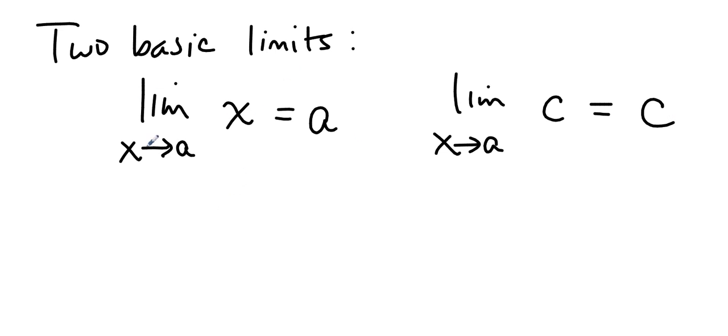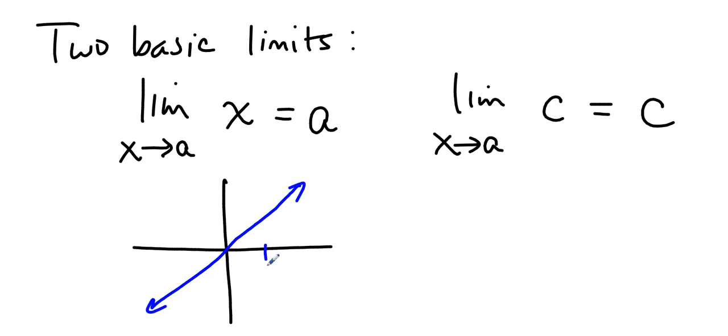In the case on the left, you've got the function y equals x. And as x gets closer and closer to a, the y values get closer and closer to the function value at a, but this is the identity function. So if the x value is a, the y value is also a. So that is self-evidently obvious.